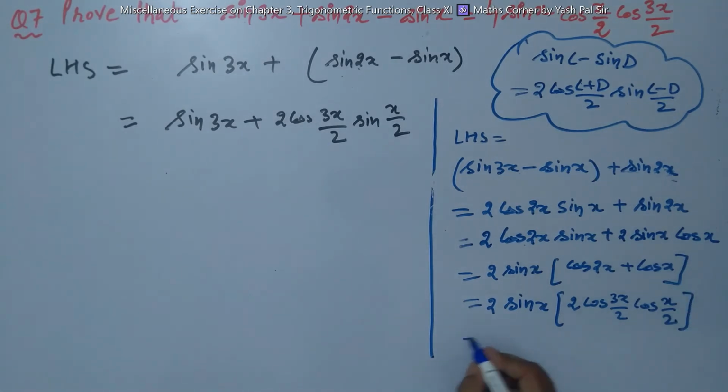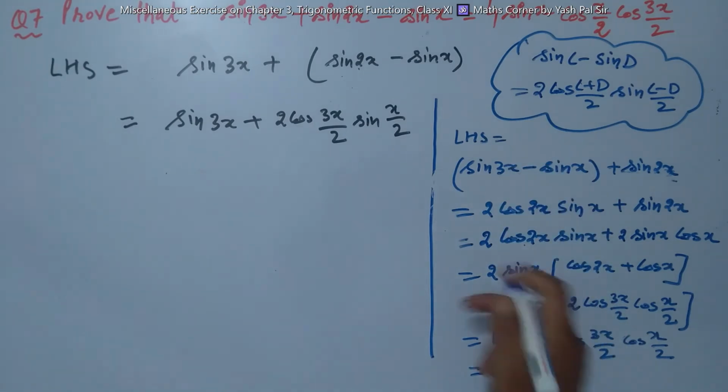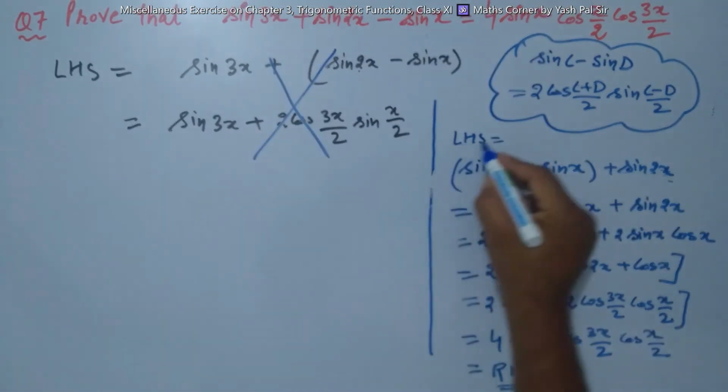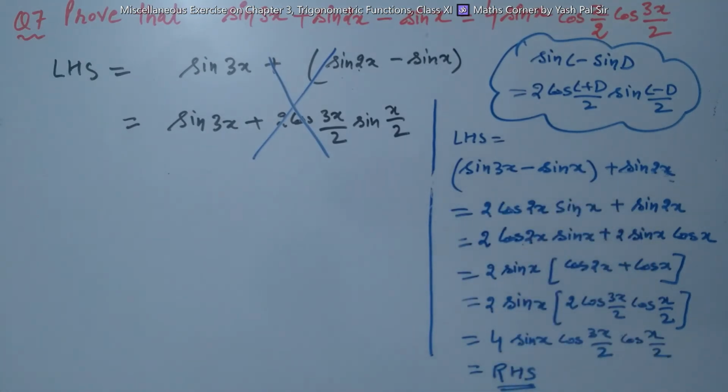So multiplying this, 2 into 2 is 4 sin of x into cos of 3x upon 2 into cos x upon 2. This is the right hand side which was to be proved. So this way we can use this, making these pairs, this question is proved.